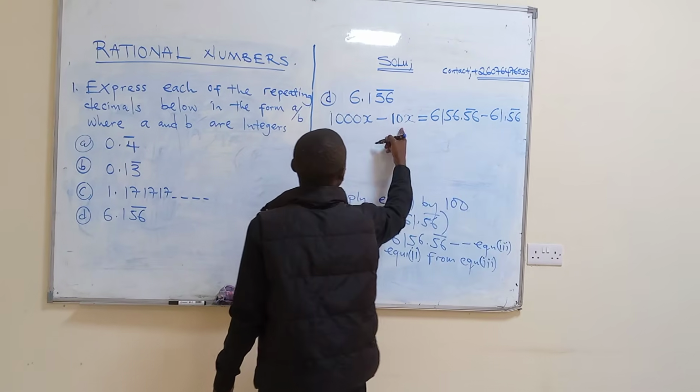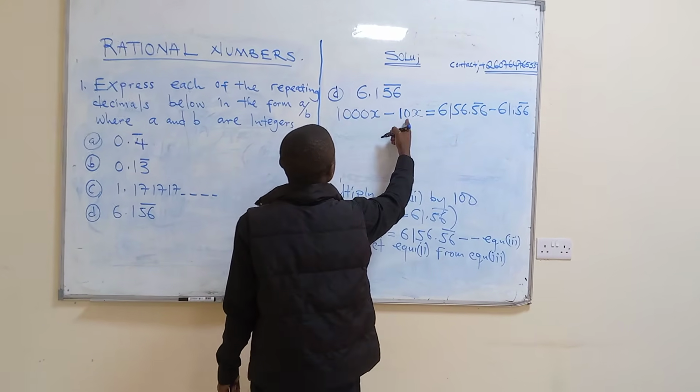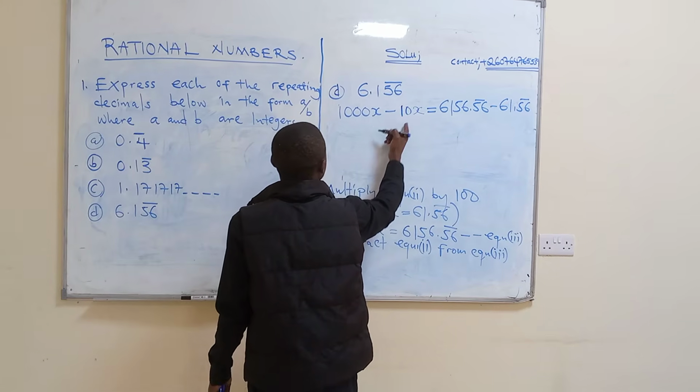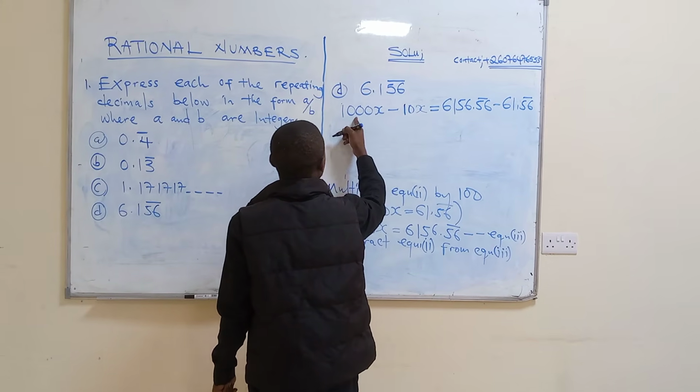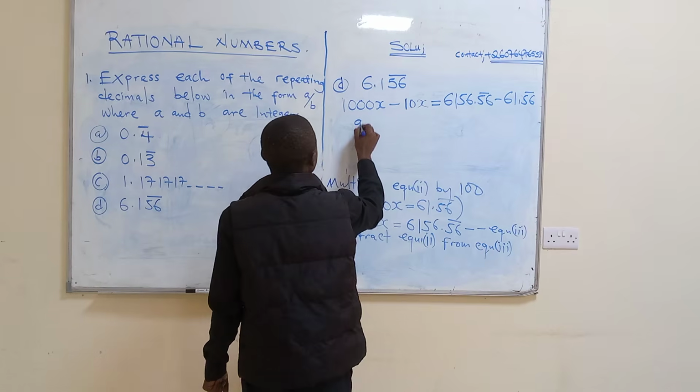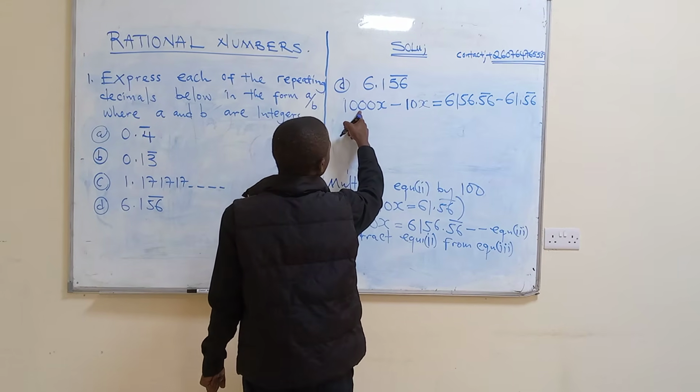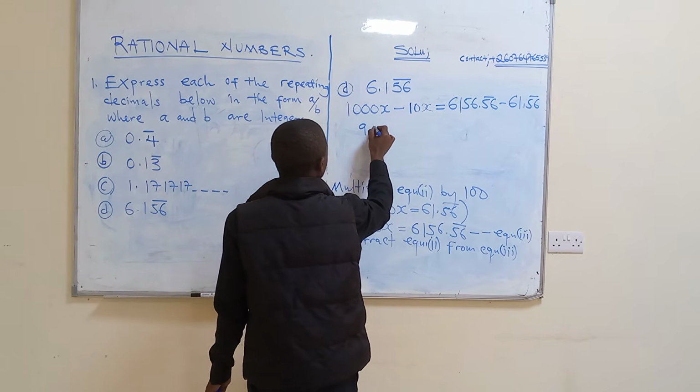So when you subtract here, that is 0 minus 0, you are getting 0. 1 by that minus that, you are getting 9.